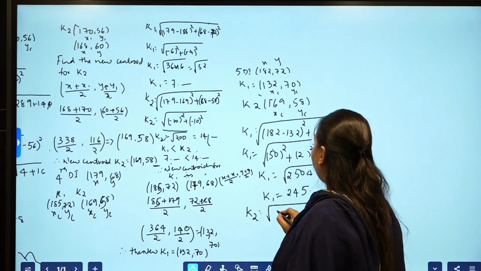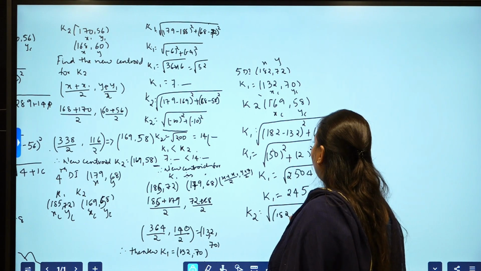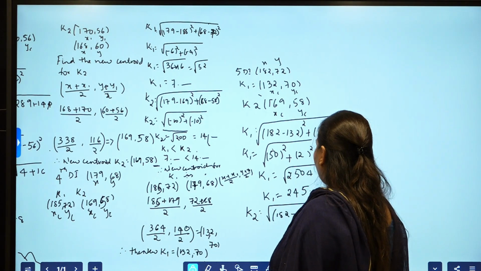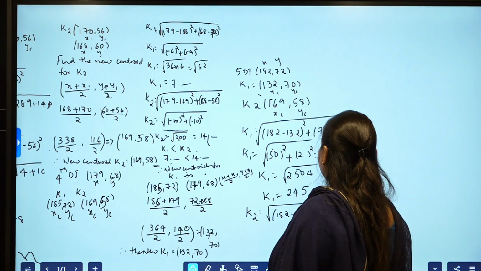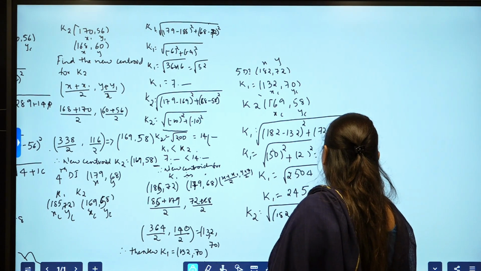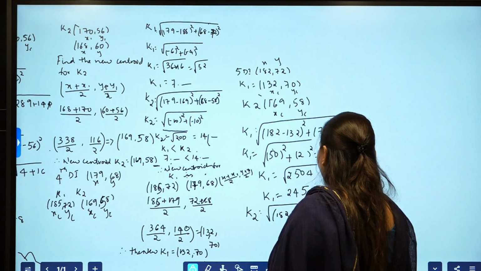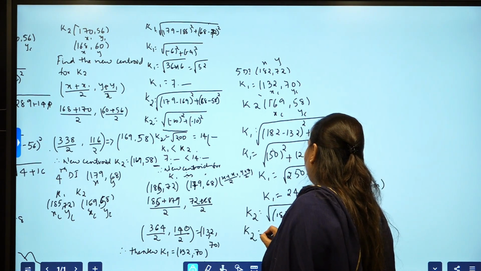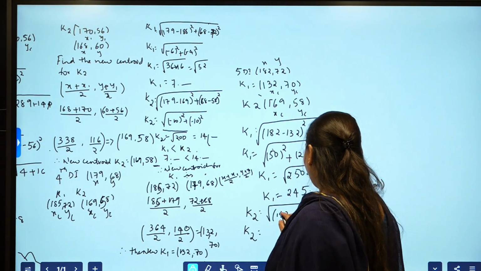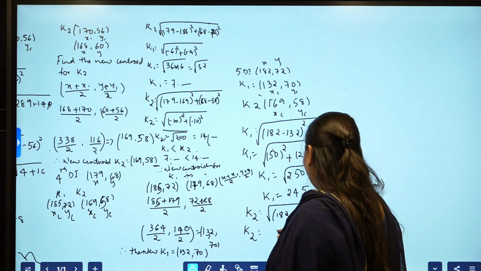K2 is equal to root of 182 minus 169 whole square plus 72 minus 58 whole square. So now what is the value of K2?